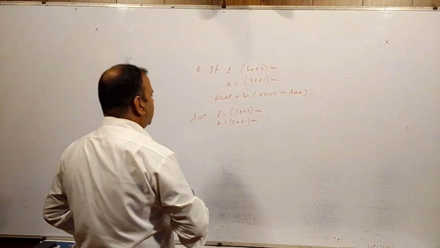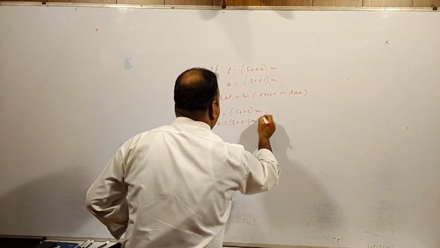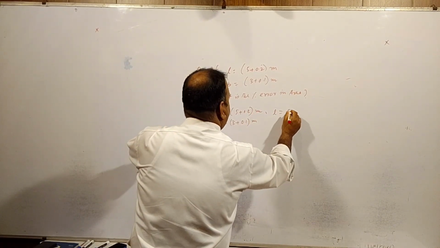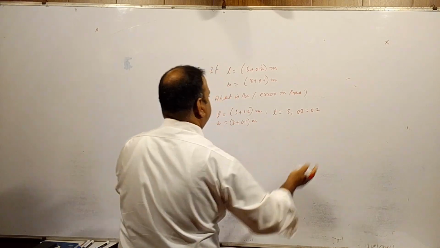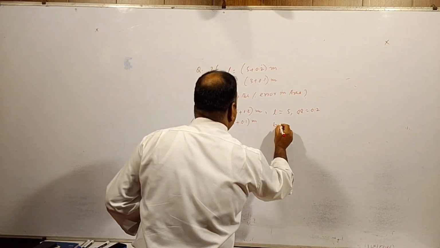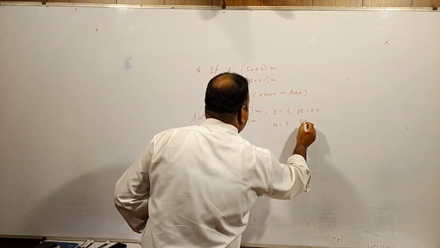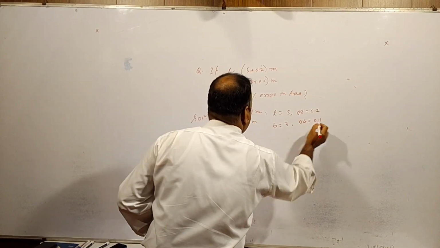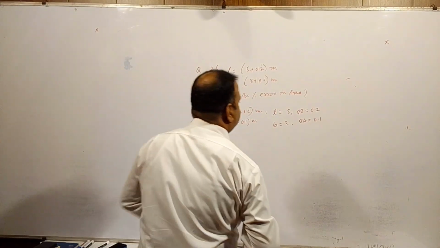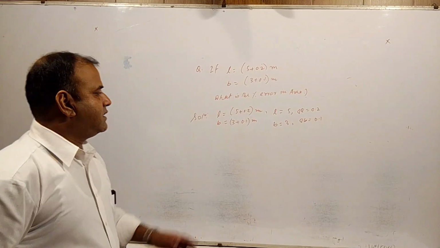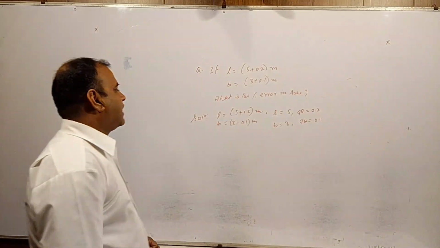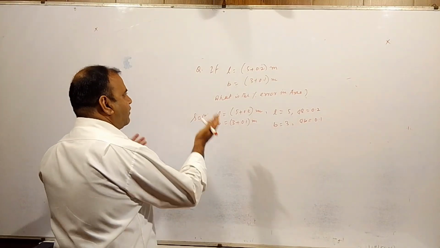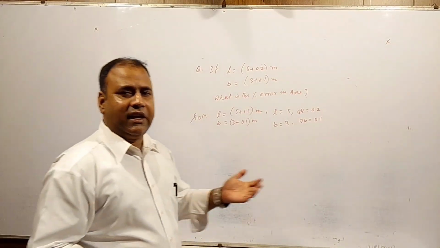So first, L is equal to 5 and delta L is equal to 0.2 meter, and B is equal to 3 and delta B is 0.1. All the terms are distances, so we write them in meters.